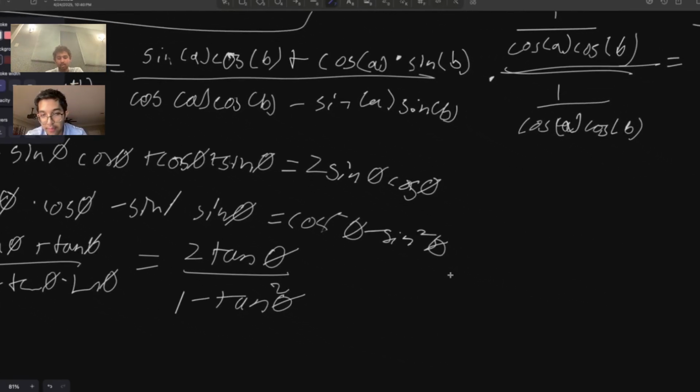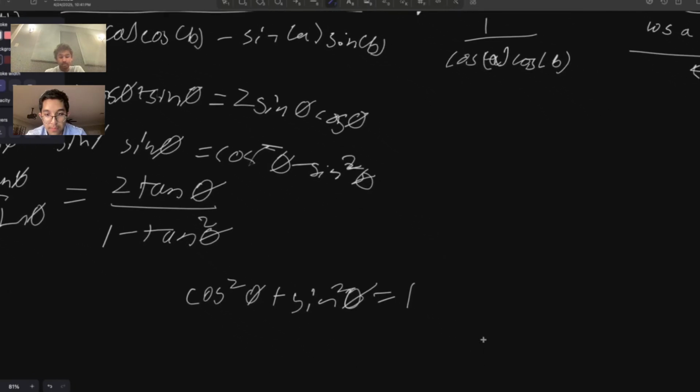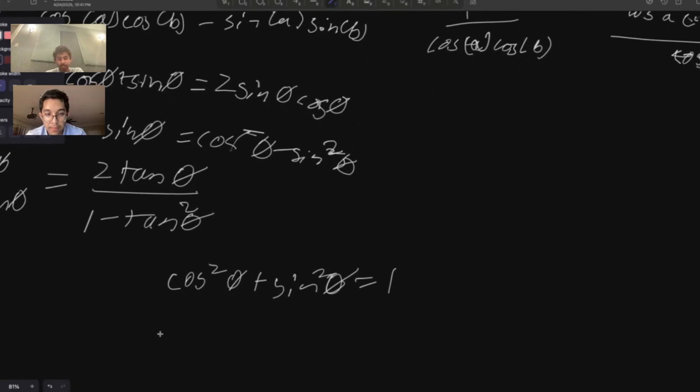Well, do you remember how cosine squared theta plus sine squared theta is equal to 1? Since we know that, we can just subtract cosine squared theta from both sides, getting sine squared theta is equal to 1 minus cosine squared theta.